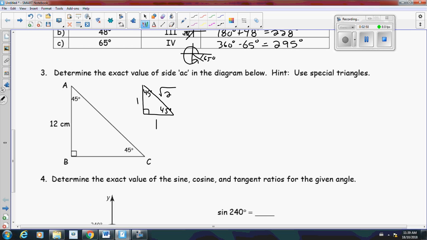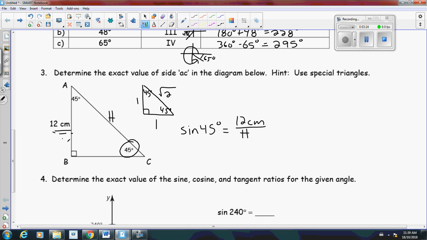So using this triangle, I'm going to say that the sine of 45, so I decided to use this angle of 45. You could have used the other one, and then you would have had to use the cosine ratio. So the sine of 45 is the opposite side, which is 12, over the hypotenuse, or over side AC.